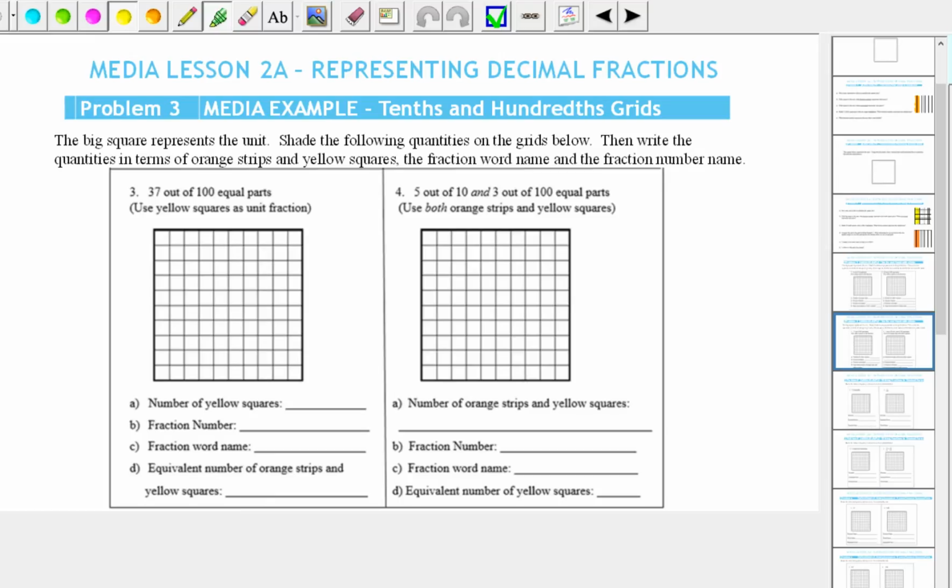So here's one that you should keep your eye out. I'd be surprised if somebody in your class doesn't do this. So 5 out of 10 and 3 out of 100 equal parts. A lot of my students would do this. They recognize that the 5 out of 10 is orange, but they draw this.